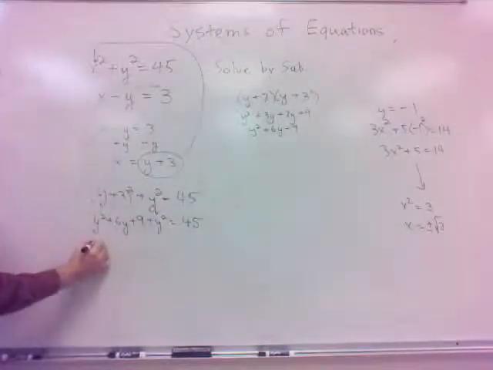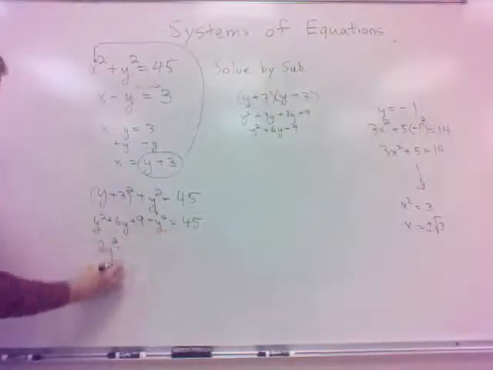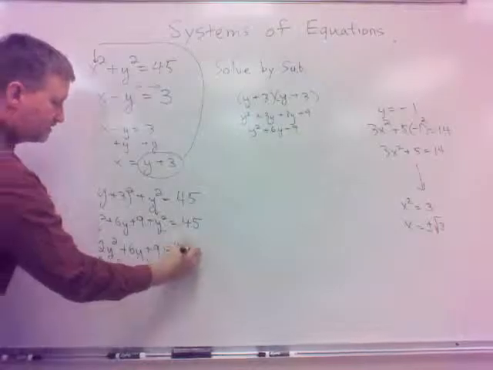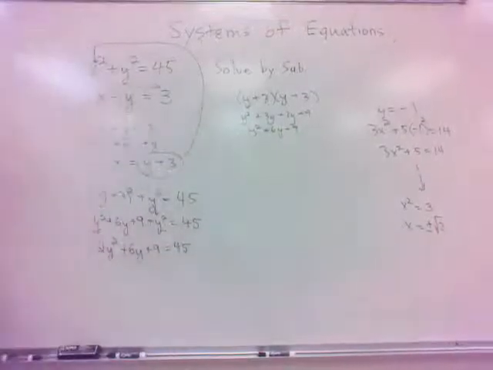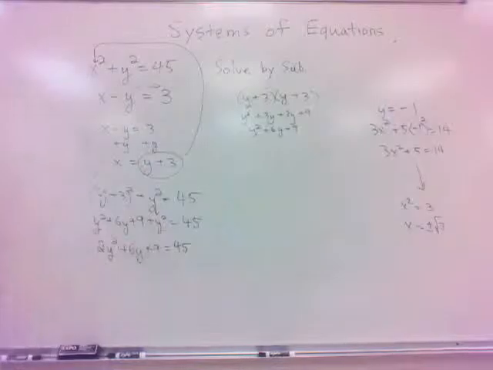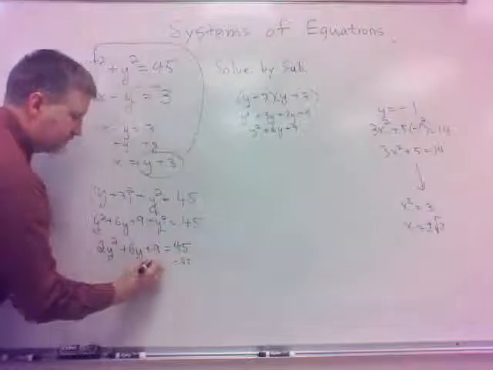So here I have 2y squared, because I've got a y squared and a y squared, plus 6y plus 9 equals 45. What do I do with that? Well, it's another y squared, but it's one that looks like factoring to me, doesn't it for you? So I need one side to be 0. Subtract the 45.